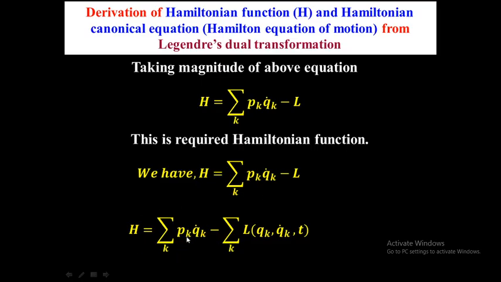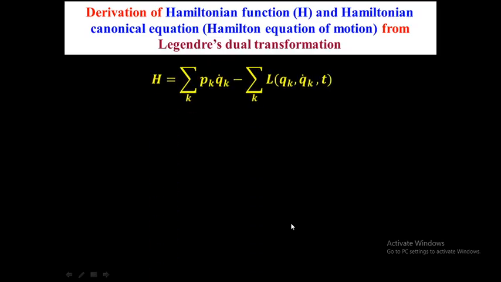H is equal to summation over k of pk qk dot minus summation over k of L, where L is a function of qk dot and time t. Now we will solve the first term and then the second term, so we differentiate the above equation. In the first term we have the product rule, with a first function and a second function, and here we will apply the chain rule of differentiation.